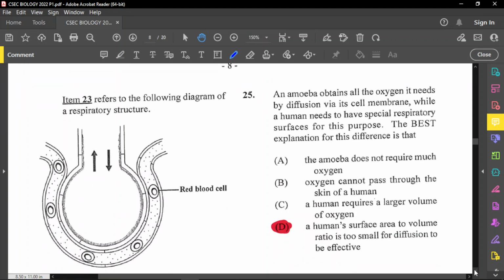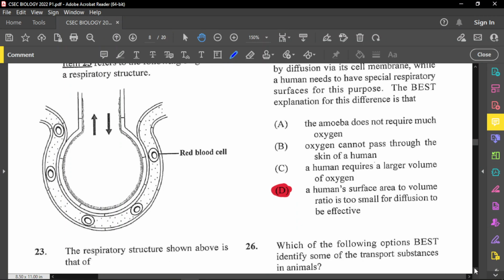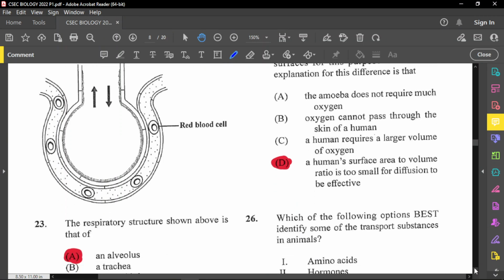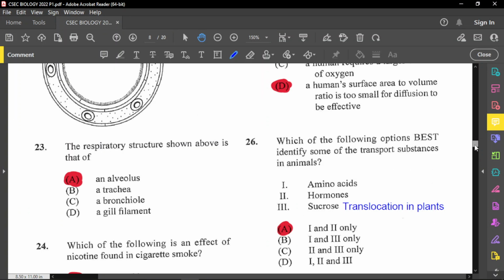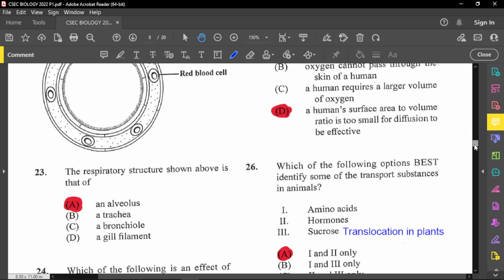So question number 23 refers to the following diagram of the respiratory structure. And this structure is an alveolus. So the respiratory structure shown above is that of what? Okay, I'm jumping too fast. Sorry about that. Let me just go back a little bit up. All right, you're right. And so it is an alveolus. Okay, there's no need for explanation there, of course.